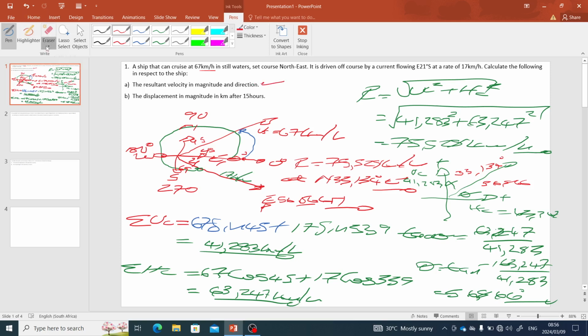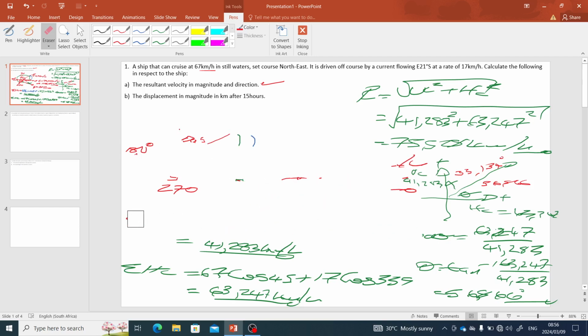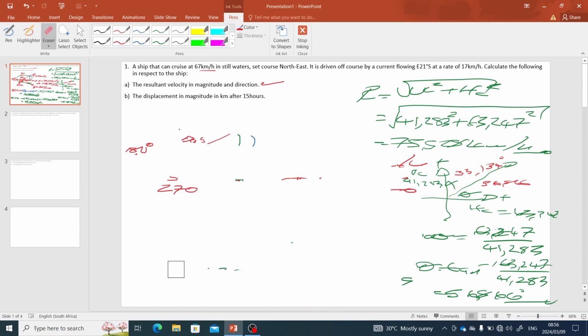Okay, let's look at the second question there. On the second question, they want us to calculate the displacement. I will just wipe here so as to tackle the second question.